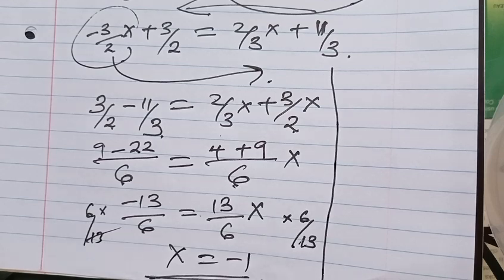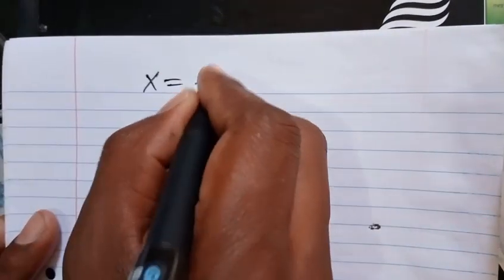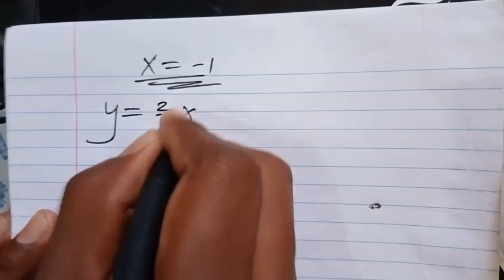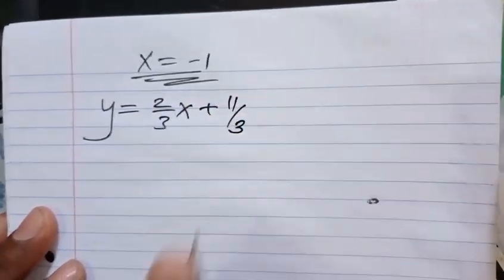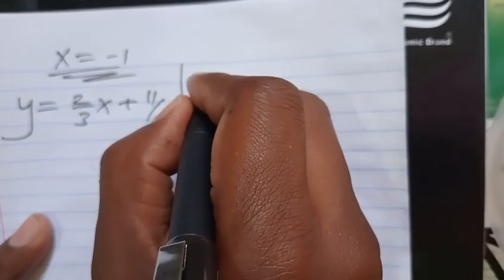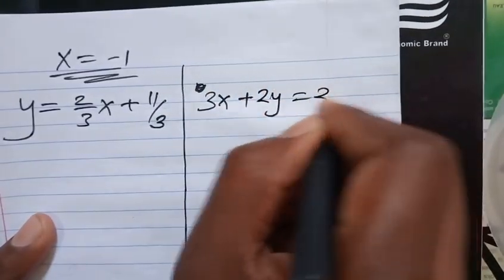So what we are looking for is the value of y, and we can use either of the equations. Now that we have gotten x as negative 1, we can bring the two equations. The first one being y is equals to 2 over 3x plus 11 over 3, and the other one, 3x plus 2y is equals to 3.